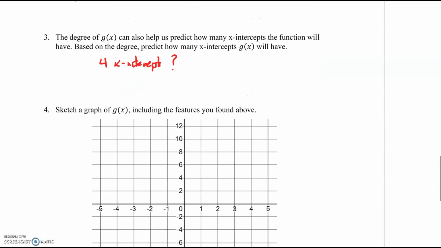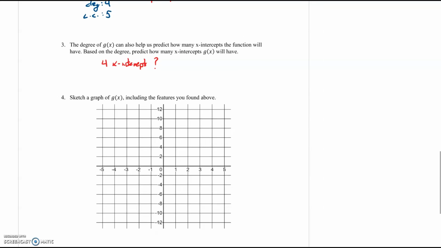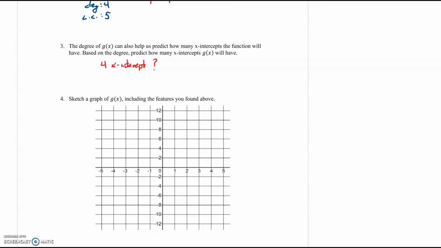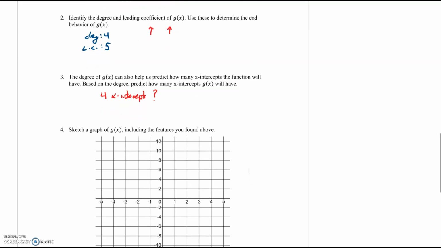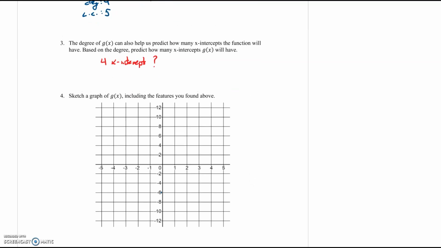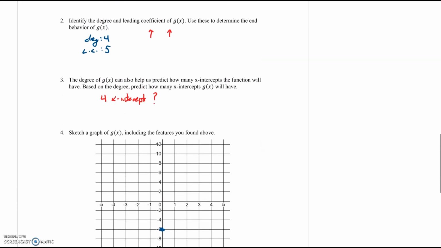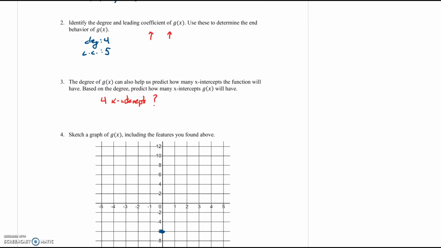So now take all this information and sketch a possible graph. First I have a y-intercept at negative 6, so I can plot that point. I know my end behavior: it's going up on the left and up on the right. And that's really all I know.